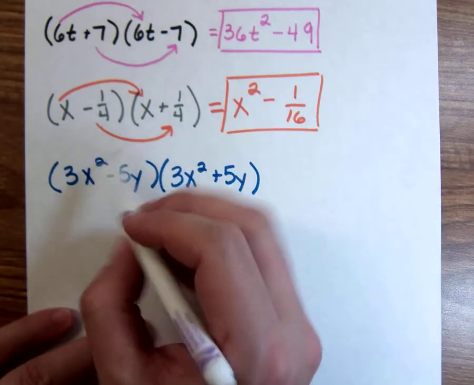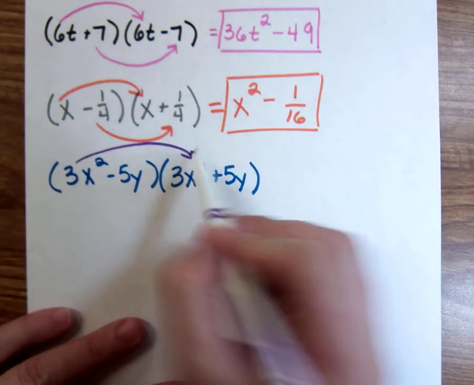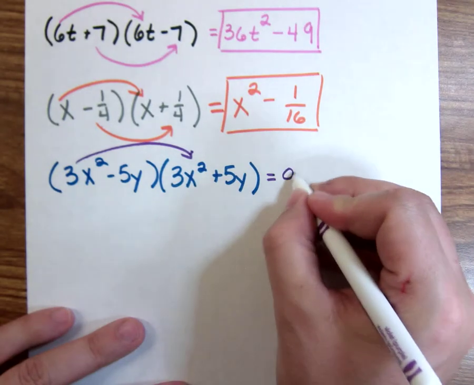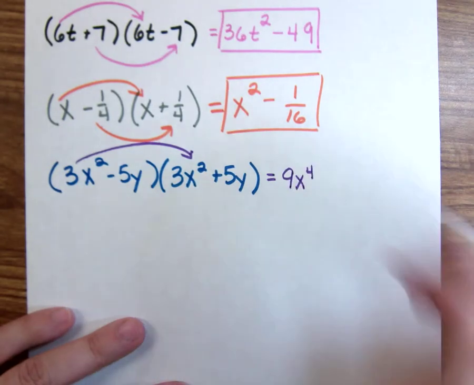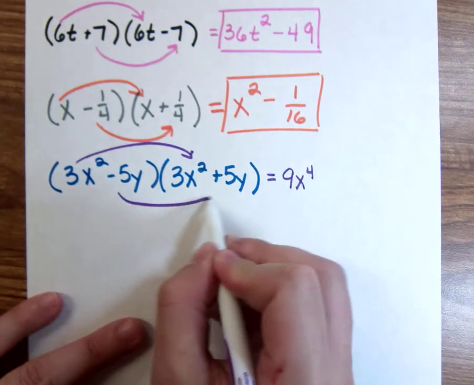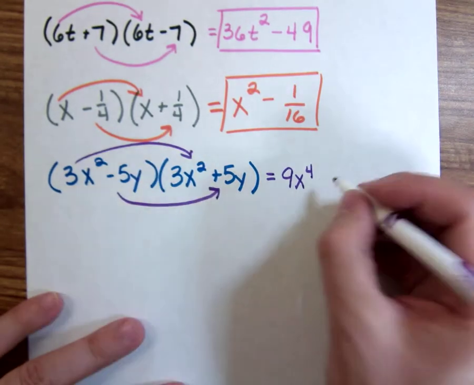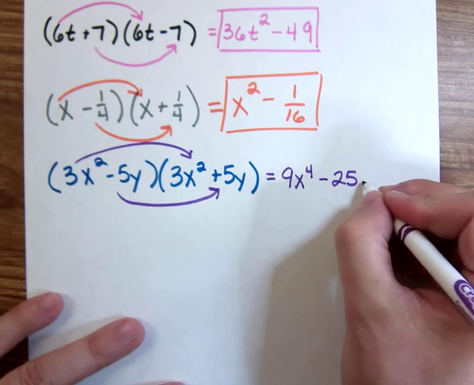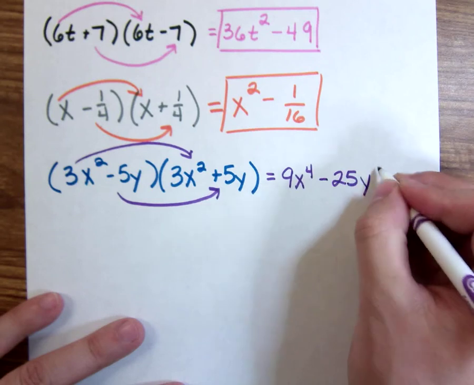So you multiply the first two. 3x squared times 3x squared is? 9x to the 4th. Good. And then negative 5y times positive 5y is negative 25y squared. There we go.